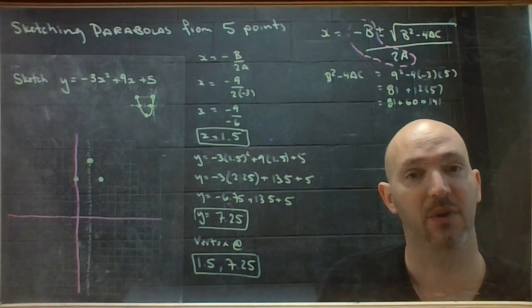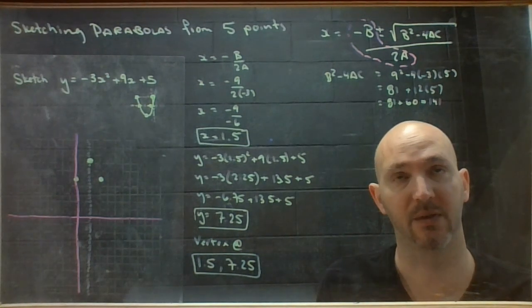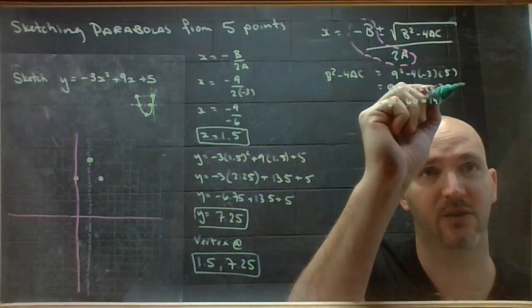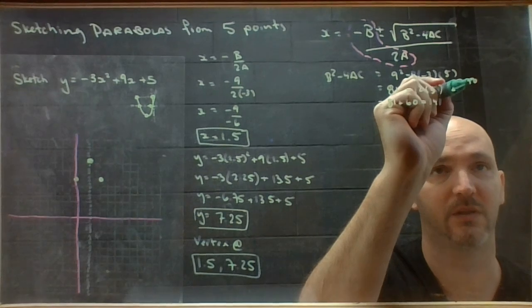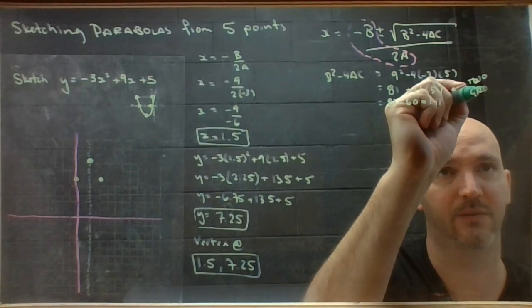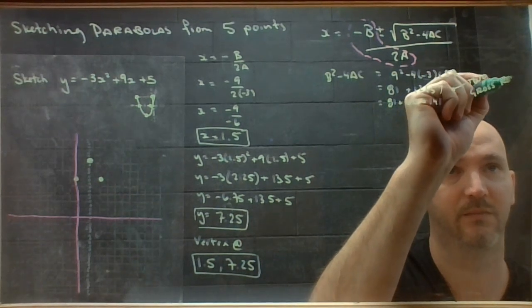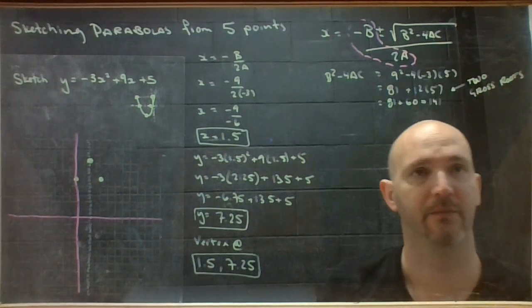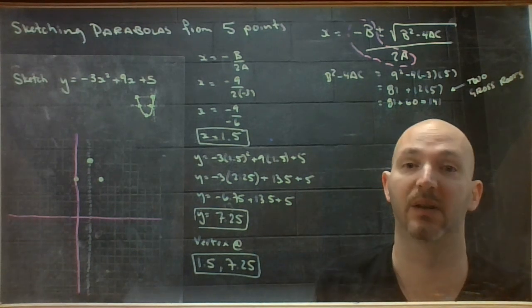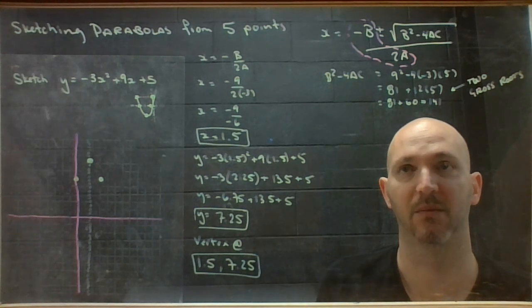That's a positive number. It's not a perfect square. It's not a 0. So that means I'm going to get two gross roots. Gross because they're going to have a factor of square root 141 in them, so they won't come out as clean numbers. They'll be decimals.